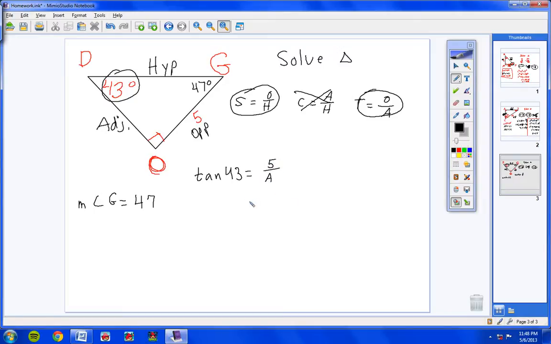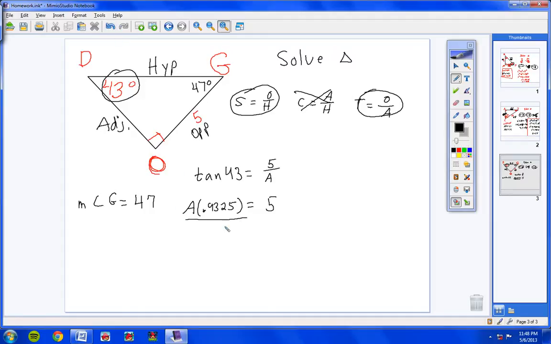Now the bottom of the fraction is a, so I'm going to multiply the right side by a. That leaves you with 5. I'm going to multiply the left side by a. That would be a times the tangent of 43, and the tangent of 43 is 0.9325. Now the a and this parentheses are multiplying, and the opposite of multiply is divide.